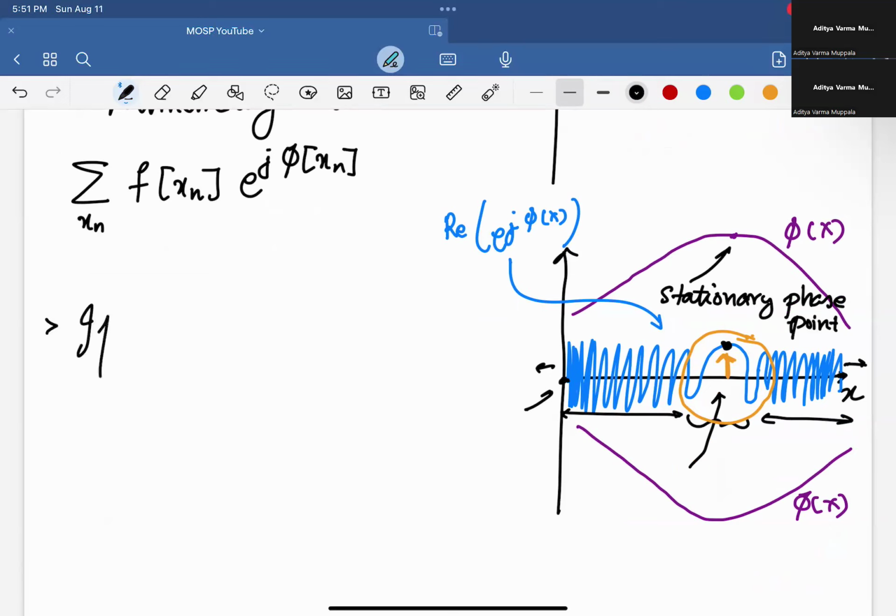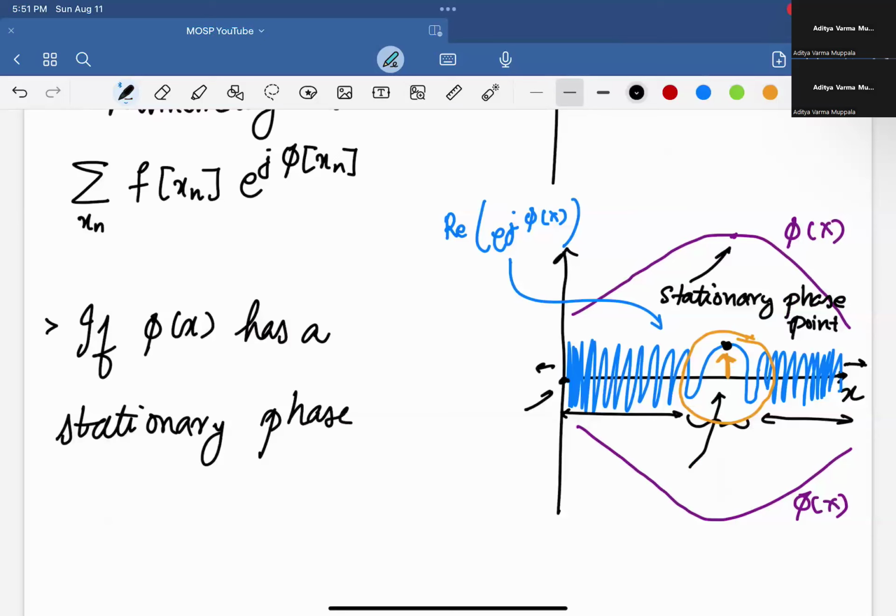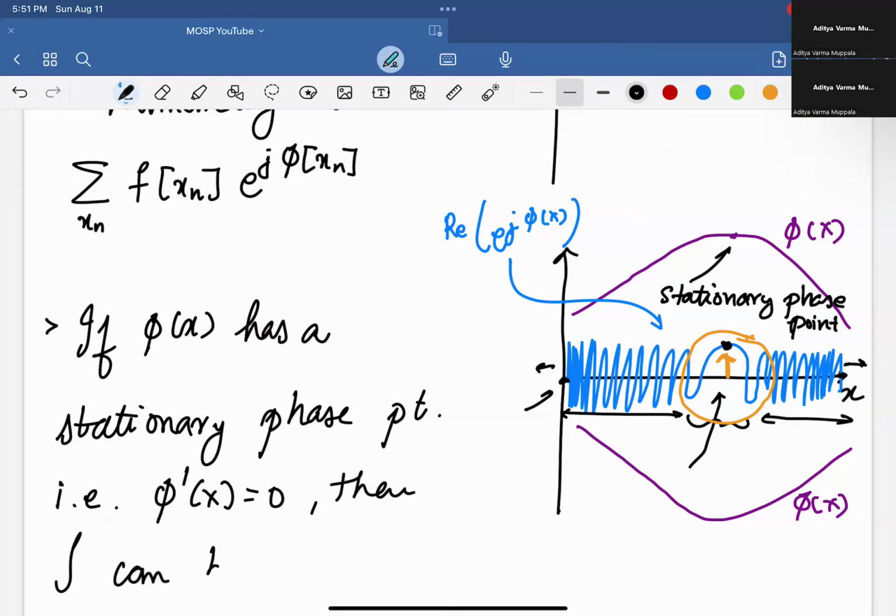So if phi of x has a stationary phase point, that is, when phi prime of x is equal to 0, then that integral can be computed in this neighborhood.